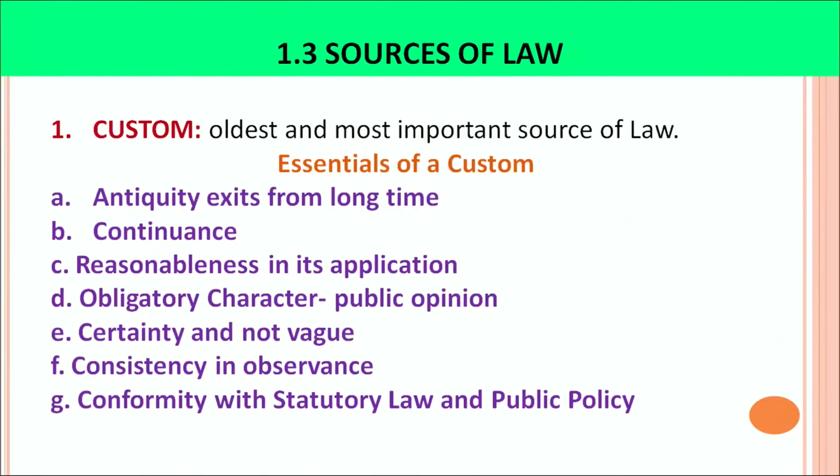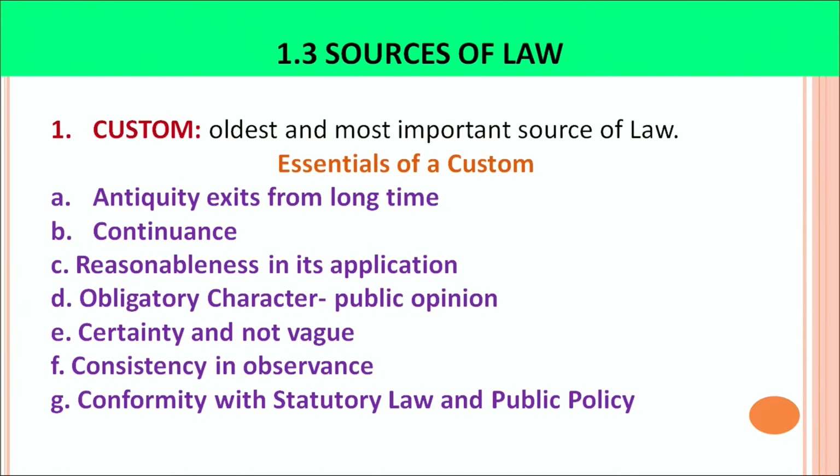In order to consider a custom as a source of law, there are certain essentials which a custom needs to conform to. The first essential of a custom is that it should be antique, that is, it should exist from time immemorial or from a long time.